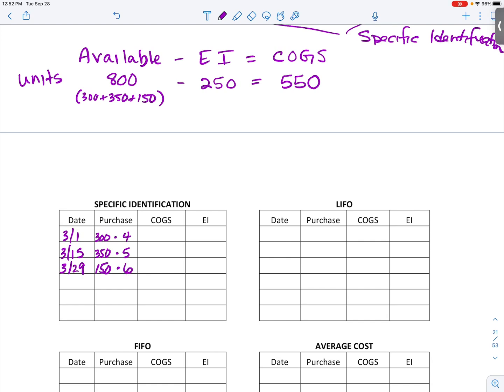I want to check the number of units to make sure I have everything accounted for. It should come up to 800. It does. And then I'm going to figure out the value of this.